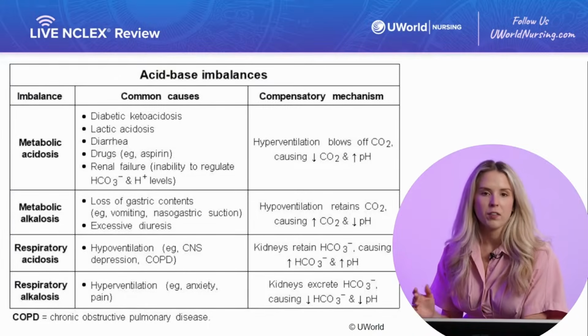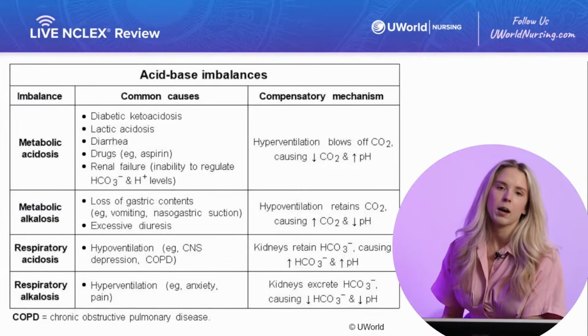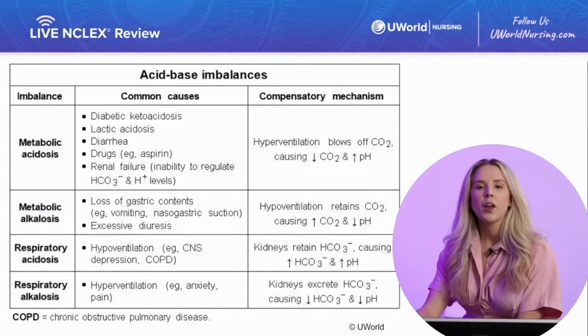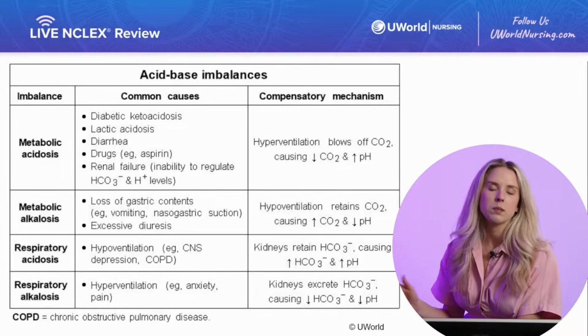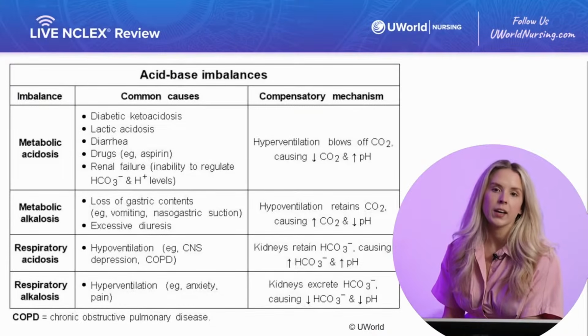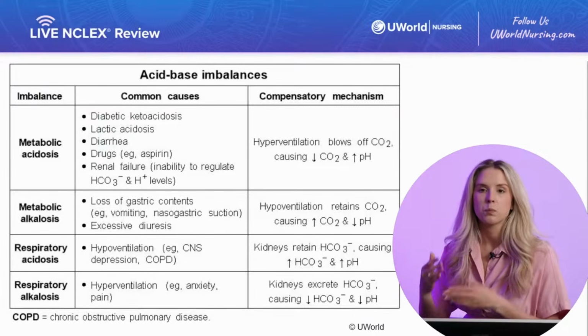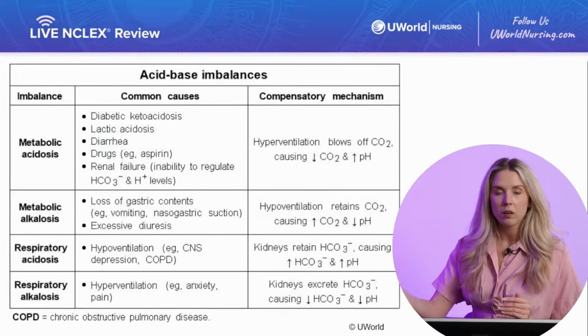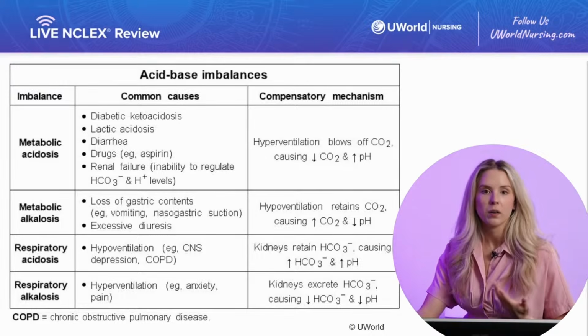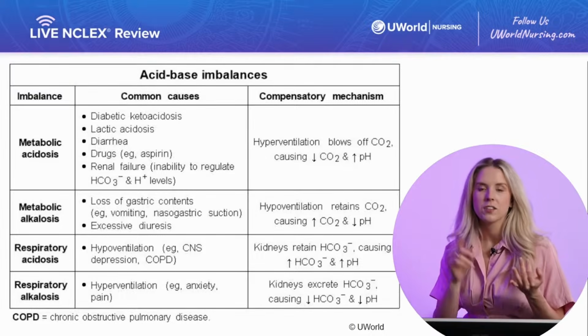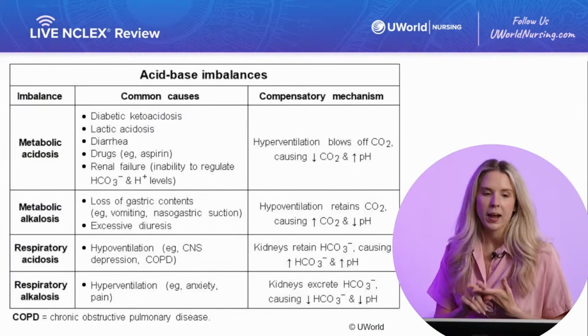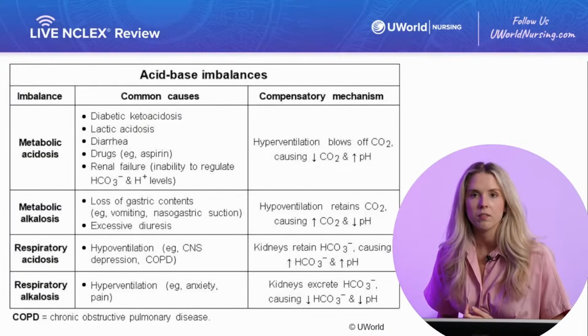Our last point to drive home is our base, our bicarb, that HCO3. So a normal bicarb range is going to be 21 to 28 mEq/L. High levels of bicarbonate, that's more base, are going to make us more alkaline or be in a state of alkalosis. So again, pH, carbon dioxide, and our bicarb are our 3 most important values to know.